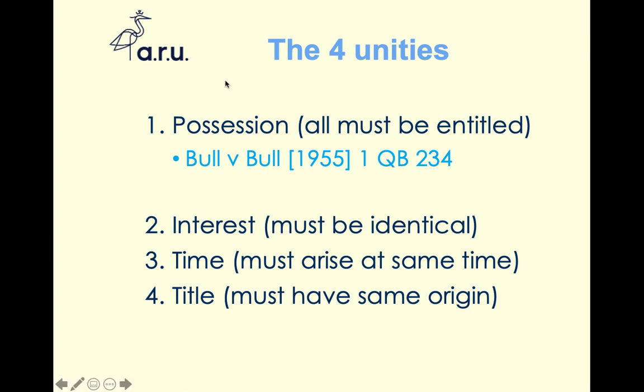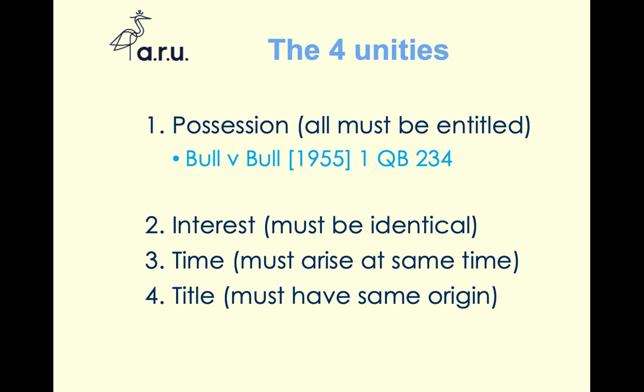So all of those 4 unities have to be present in order to be considered to be joint tenants, because those are the things that would indicate that they are a collective, that they're entitled to the same form of possession, that their interest in that possession is identical, it happened at the same time, and it arose from the same document.